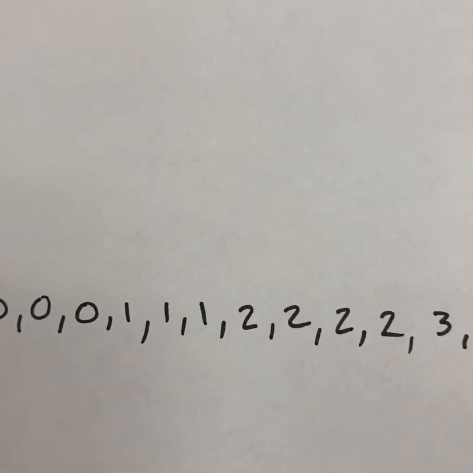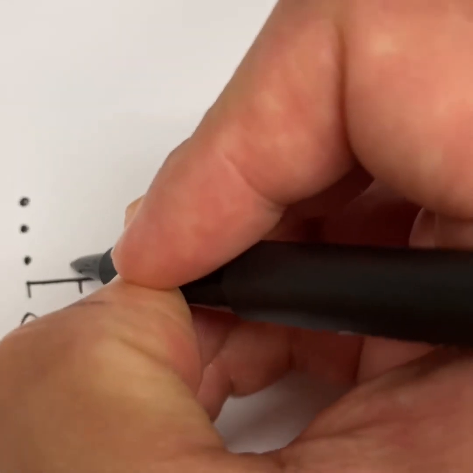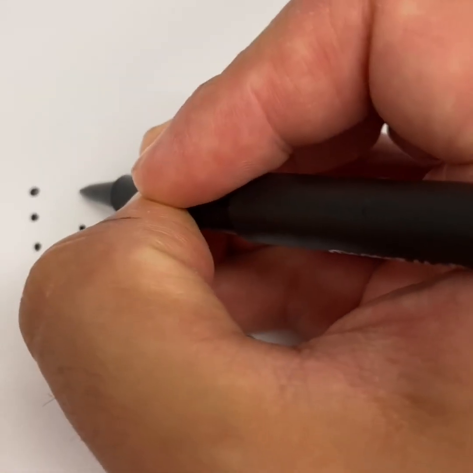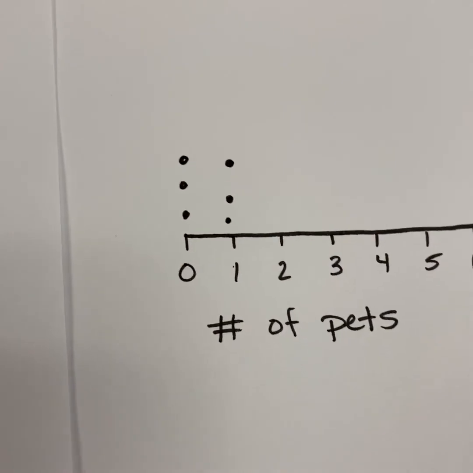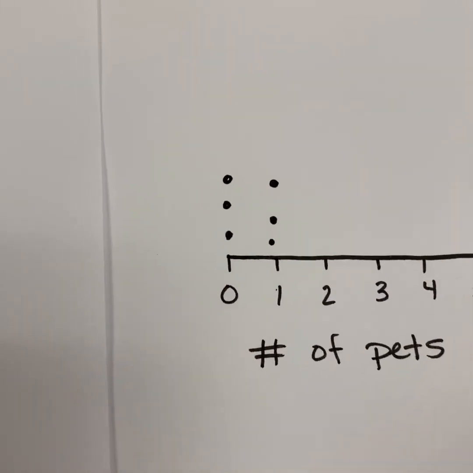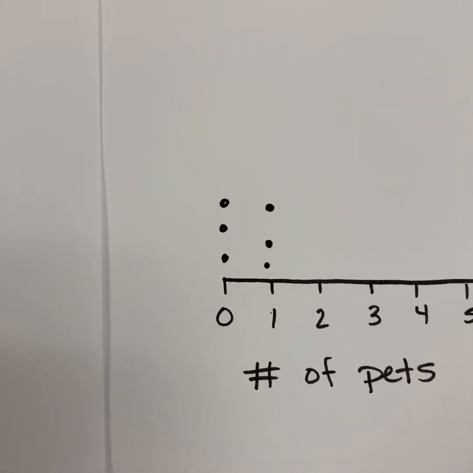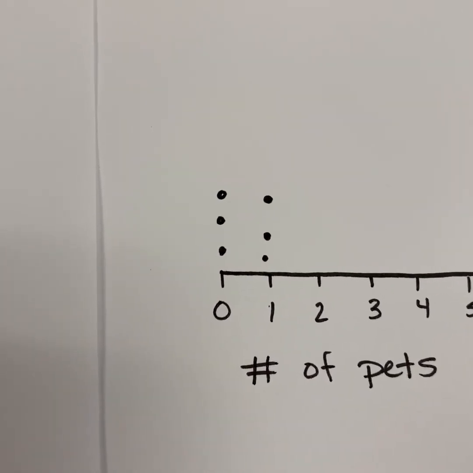How many people said they had 1 pet? 3 people did. So we come over here. 1, 2, 3. So you can see the same number of people who had no pets is the same number of people who had 1 pet. 3 people. And we would continue this process until we have every single response marked on our dot plot.